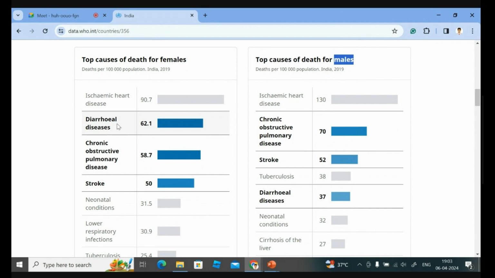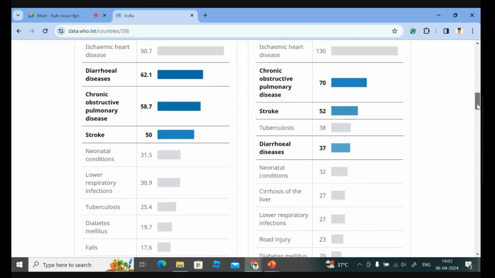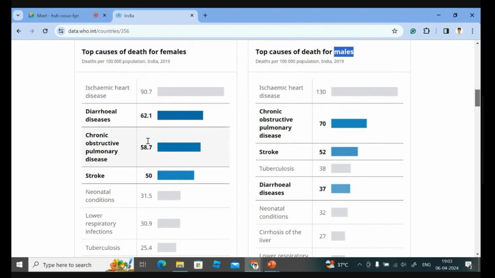So there are few common things, but except for diarrheal disease, the difference is far more, almost half between males and females. How males suffer versus females is a great analogy you can draw. Look at this one versus this one. It's 37 only.